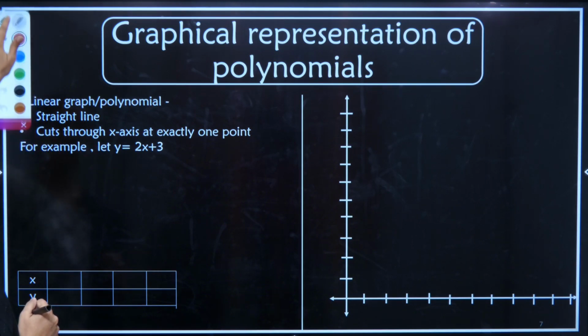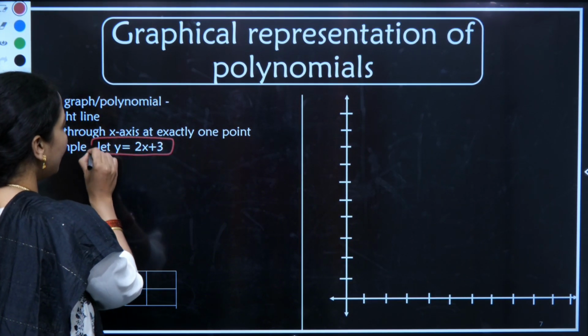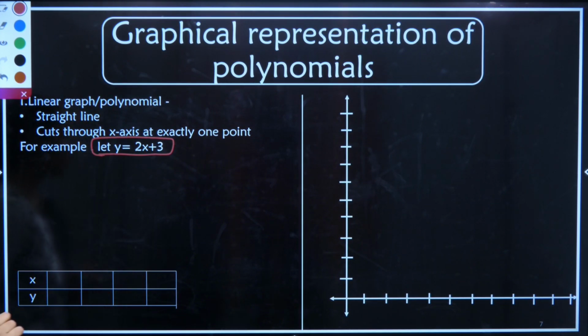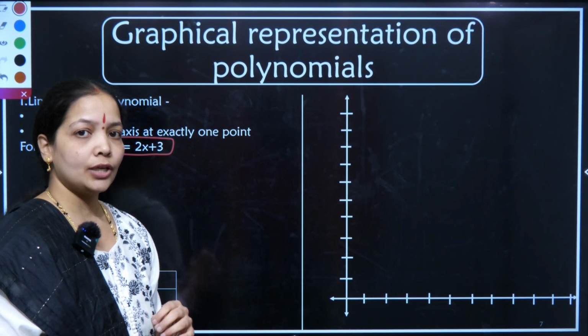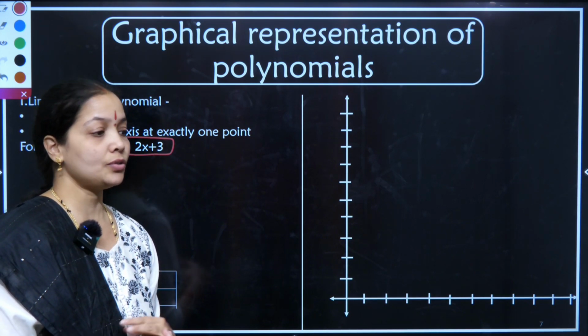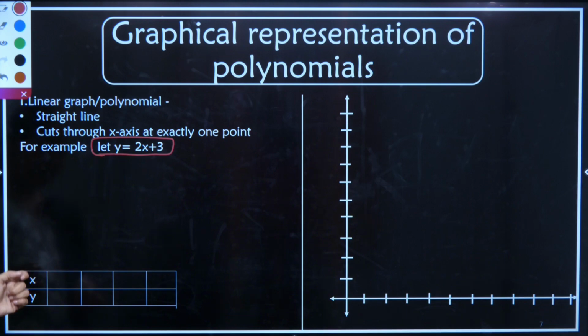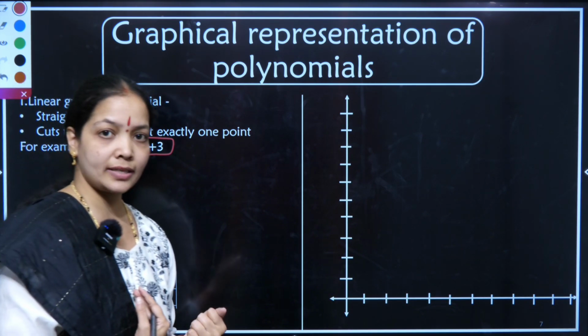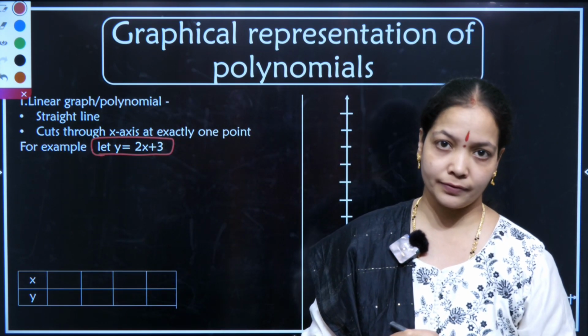There is an equation specified, y is equal to 2x plus 3, and I have to plot this equation in the Cartesian plane. Whenever we have to plot an equation in the Cartesian plane, we have to specify some points in a table. We'll make a table of x and y, and I will take my own values of x, substitute them in the polynomial and find the value of y.